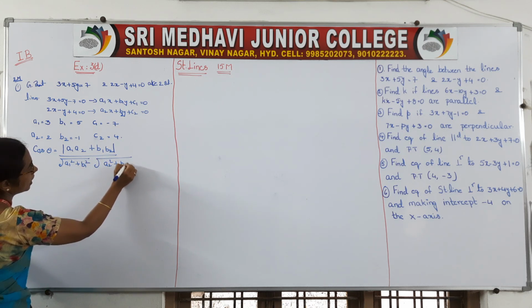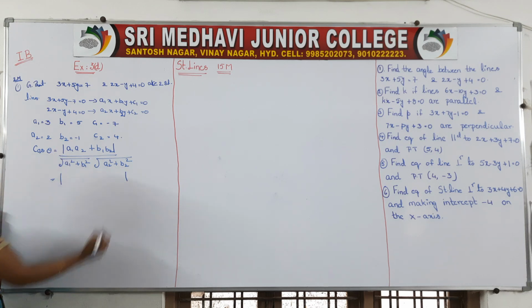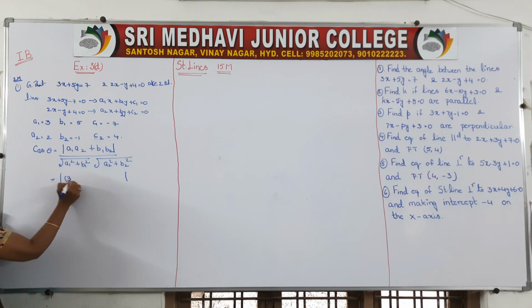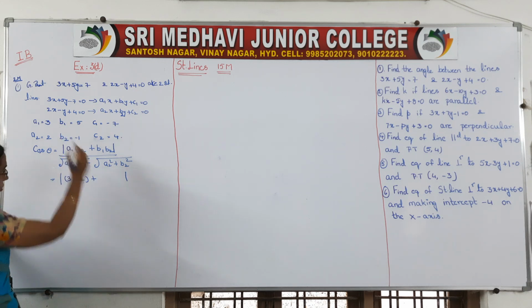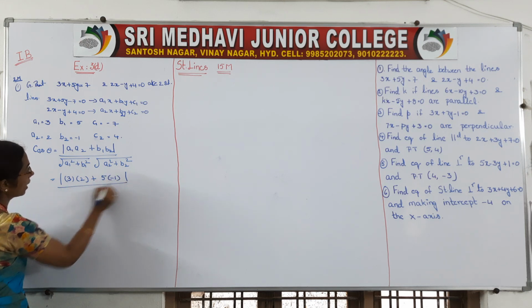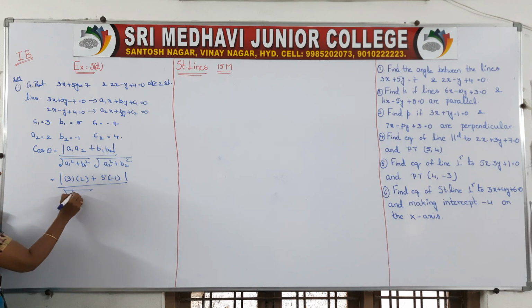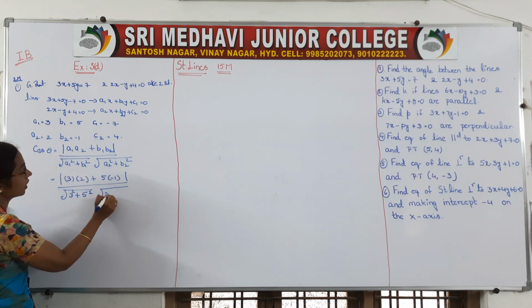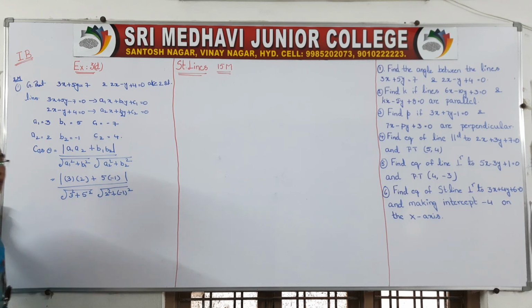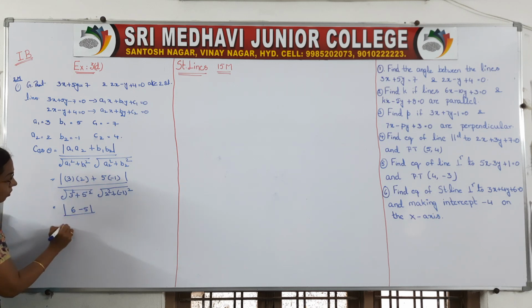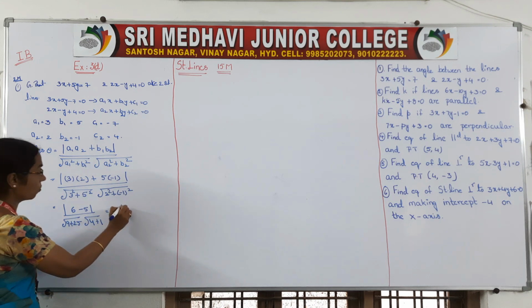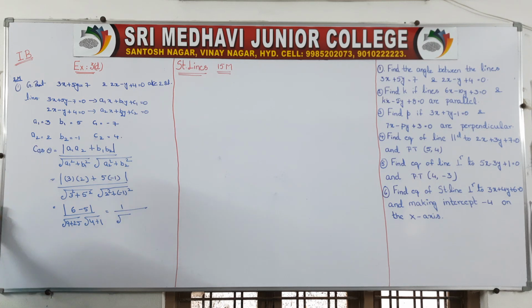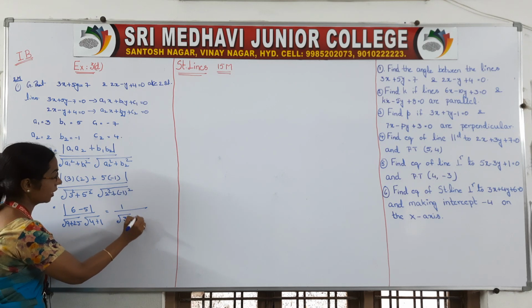Cos theta is equal to modulus of a1 a2 plus b1 b2 by root of a1 square plus b1 square into root of a2 square plus b2 square. So 3 into 2 plus 5 into minus 1 by root of 3 square plus 5 square into root of 2 square plus minus 1 square is equal to modulus of 6 minus 5 by root of 9 plus 25 into root of 4 plus 1, which is equal to 1 by root 34 into root 5.